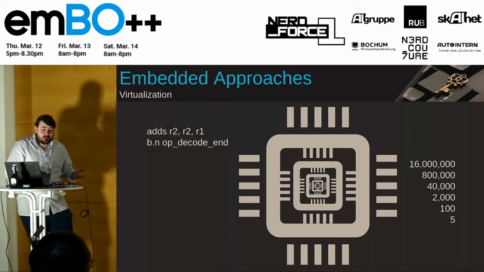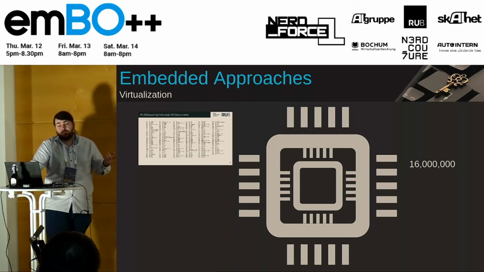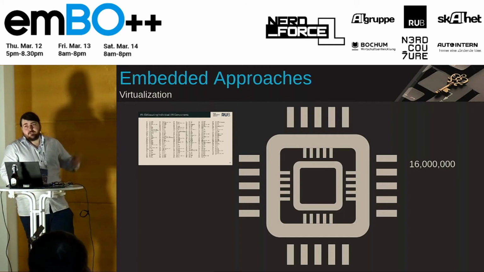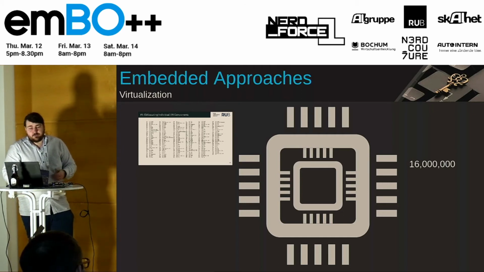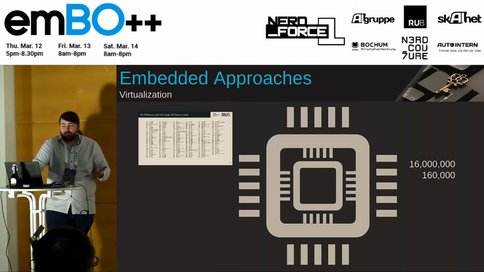So let's look at the other dimension. Again, we have a budget of 16 million instructions, but this time we want to use this kind of dispatcher. So I'm just going to assume these are like 100 instructions, and so on your first virtualized layer, you can execute 160,000 instructions.